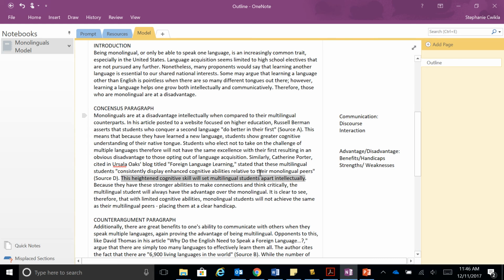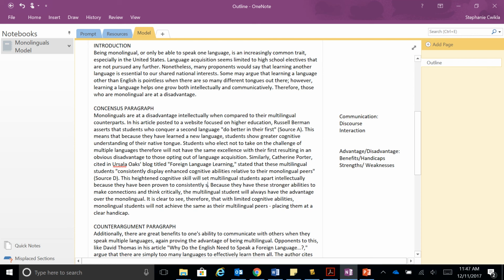So, multilinguals apart intellectually because they have been proven to consistently show, I think I already said greater ability somewhere. Yeah.